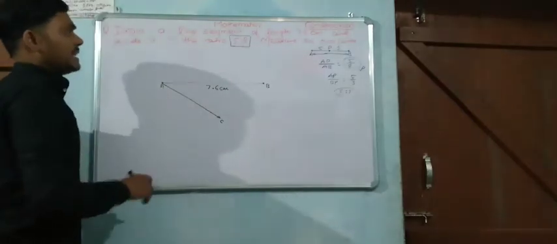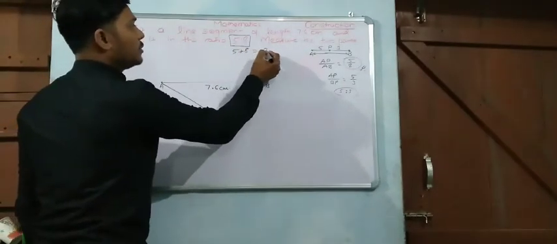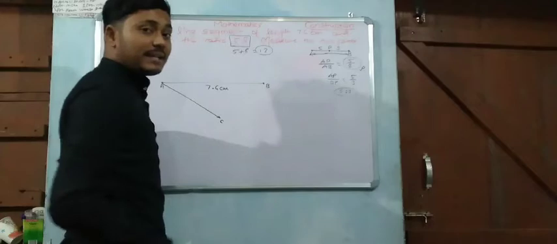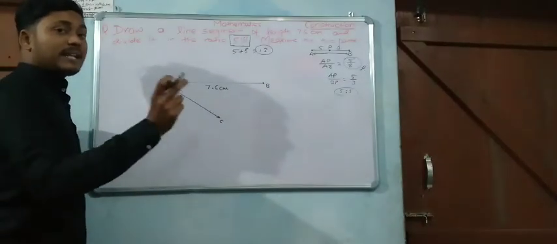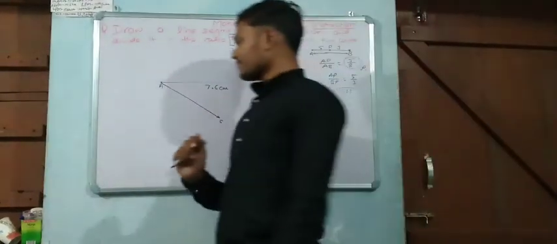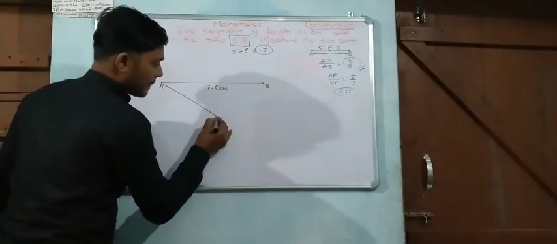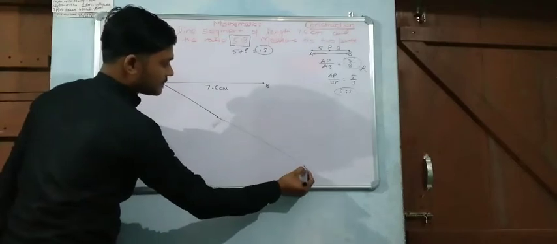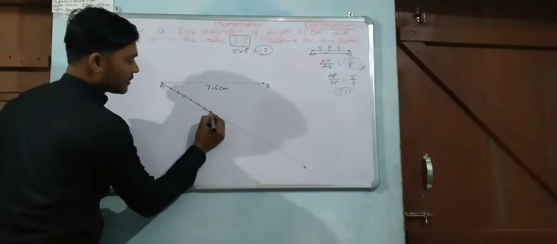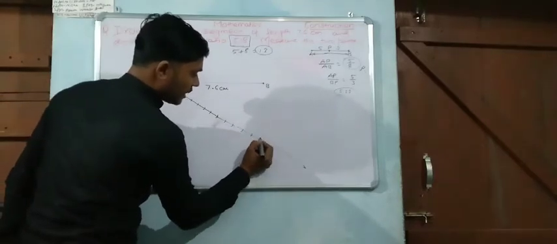Then what do you have to do? Here 5:8 means 5 plus 8, so we have to mark 13 points, A1, A2, A3, A4, A5 till A13, each mark equidistant from the other. So you proceed like this: 1 2 3 4 5 6 7 8 9 10 11 12 and 13.